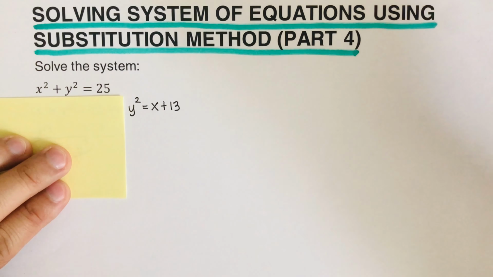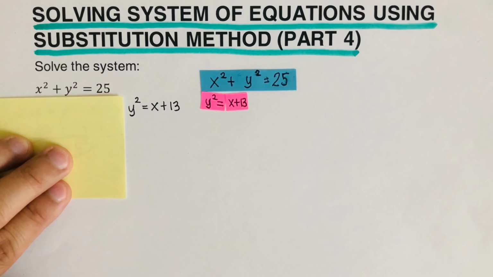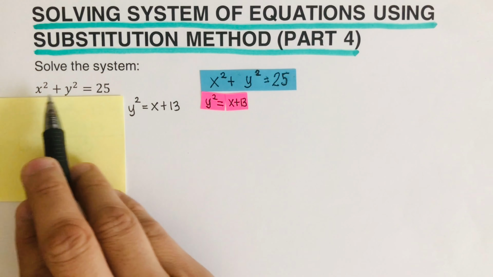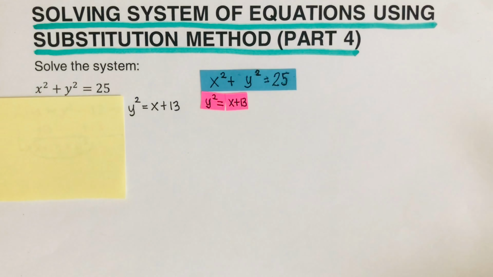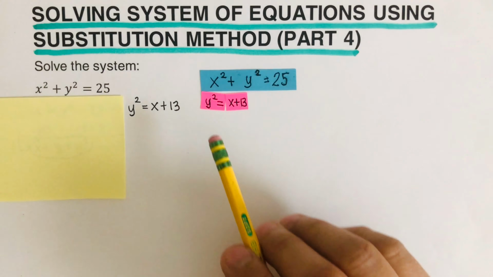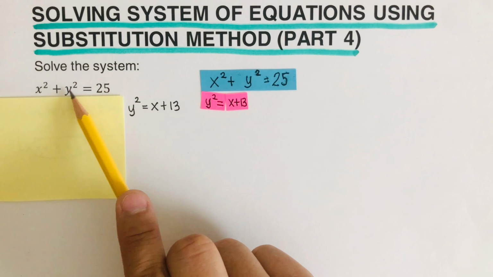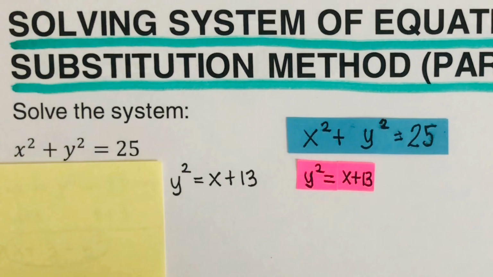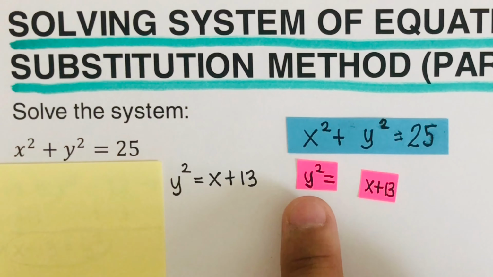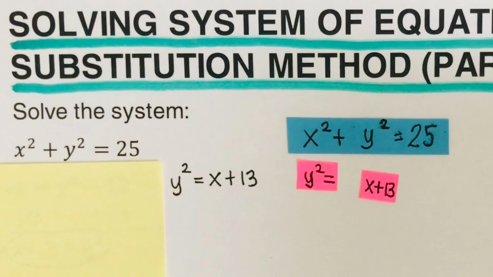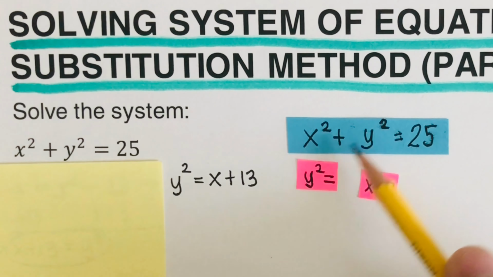I have prepared a card here. The card looks like this. I copied x squared plus y squared equals 25, and y squared is equal to x plus 13. Since y squared is equal to x plus 13, and in the first equation we have y squared, I can grab this x plus 13 and cover this y squared, since these two are equal, they're the same.